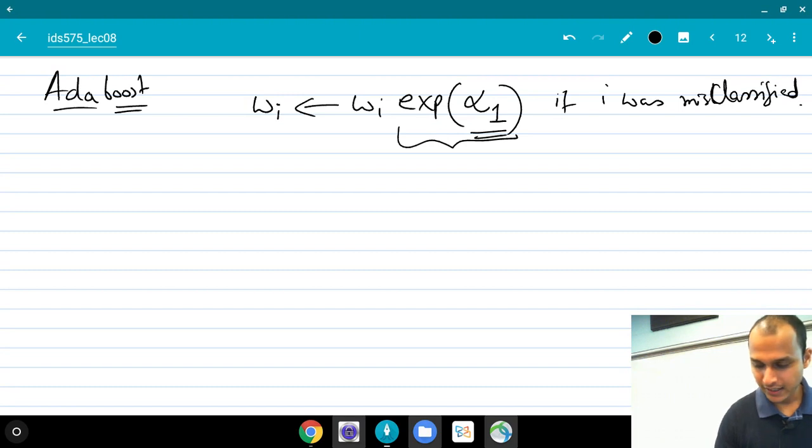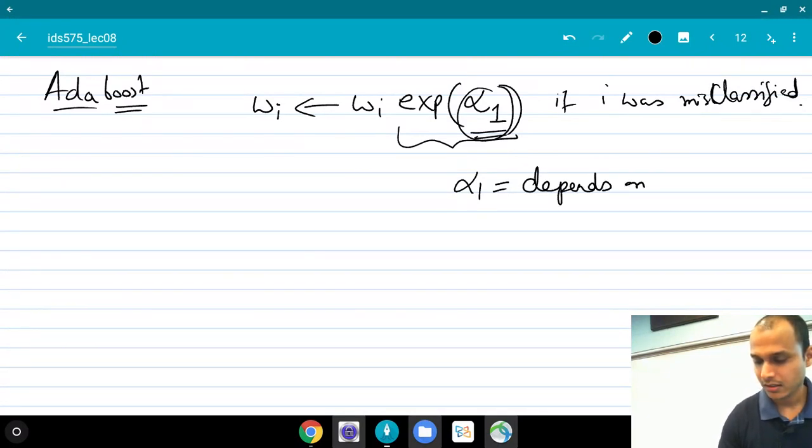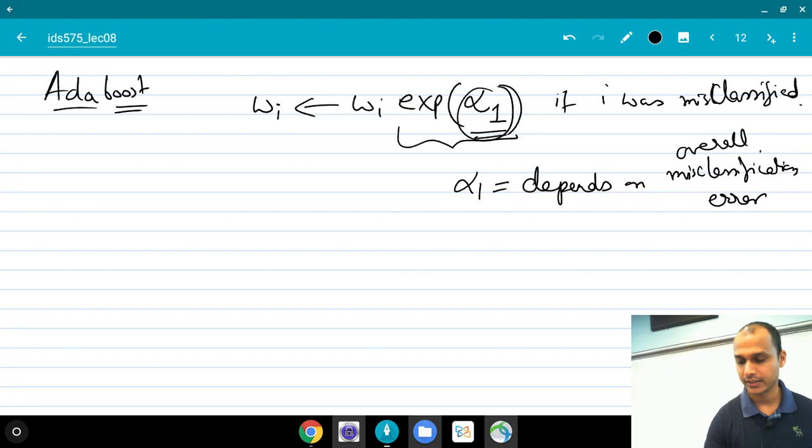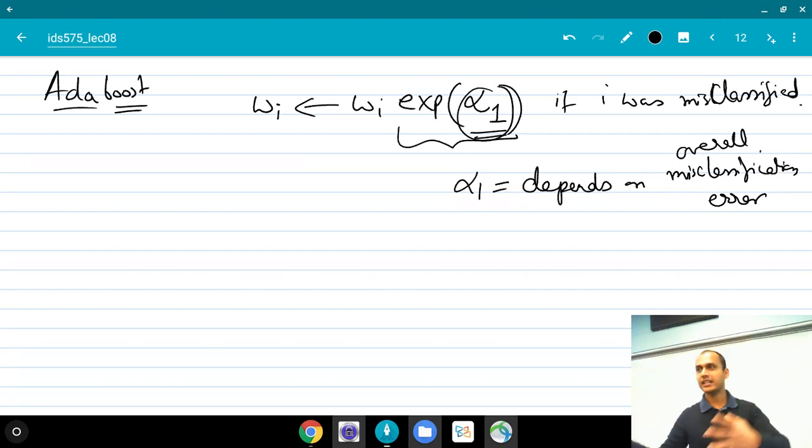So what is this parameter? Alpha 1 is somehow related to, let me just say it depends on, the overall misclassification error.